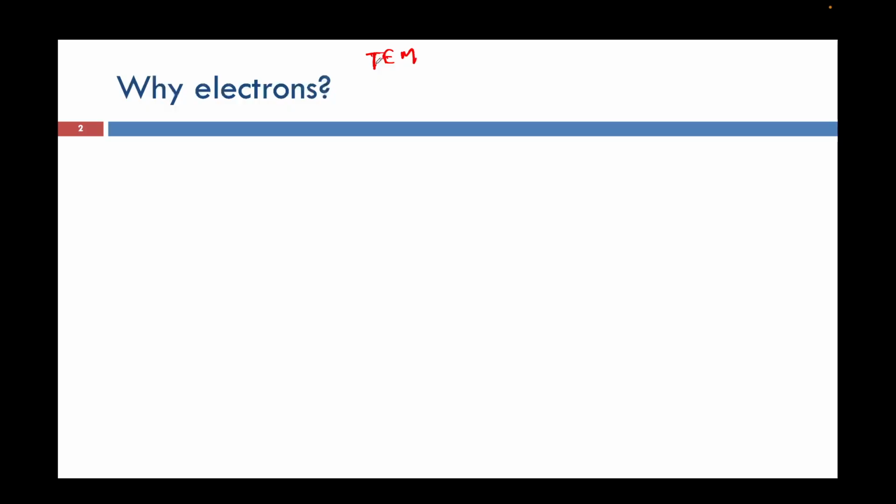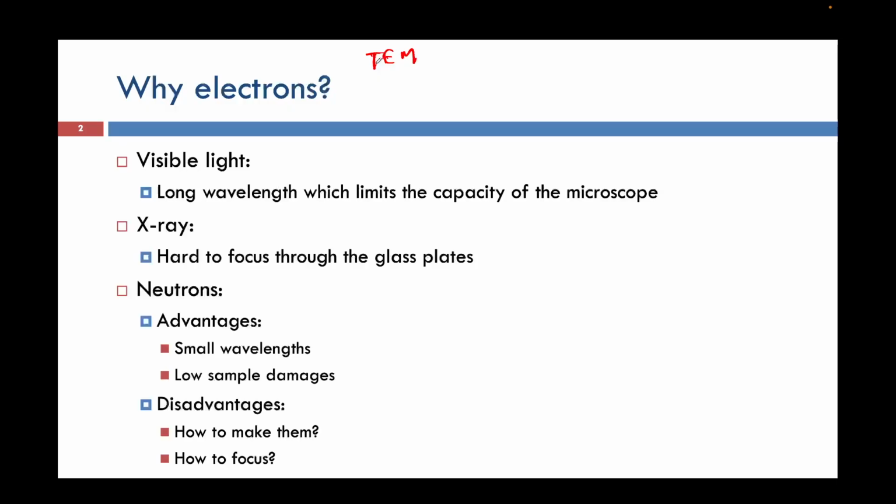If I am talking about visible light in light optical microscopy, and X-ray diffraction in the X-ray diffraction technique, then what was the urge for us to go to electron optics, to use electron microscopy?